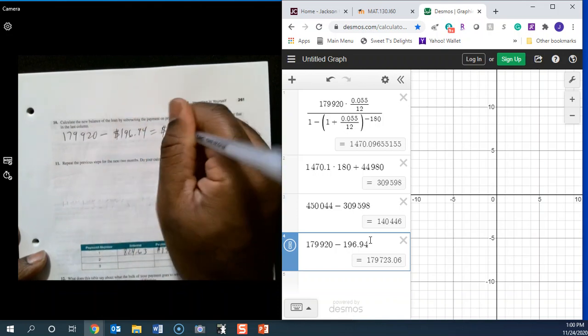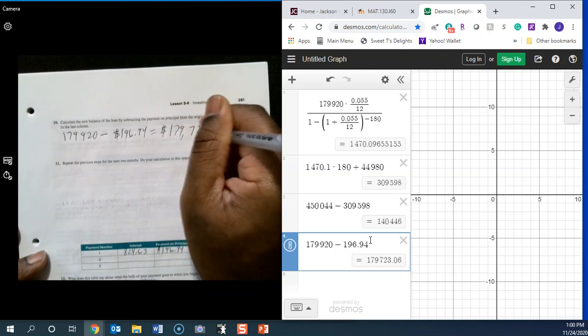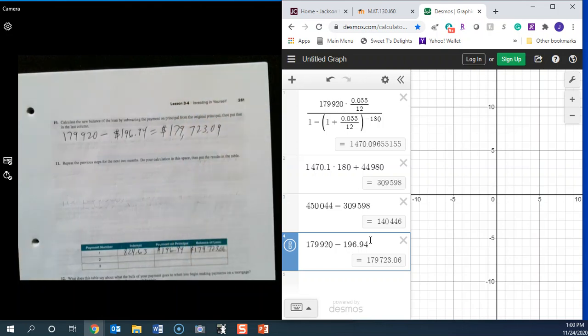So that would give us $179,723.06. Now for number 11, repeat the previous steps for the next 2 months. Do your calculation in this space. Then put the results in the table.